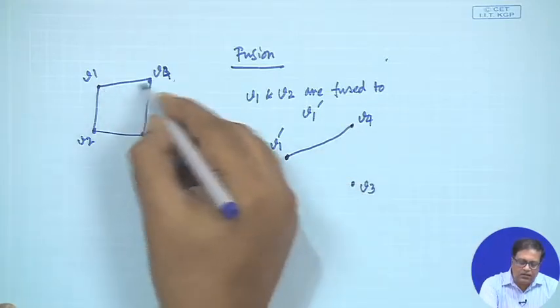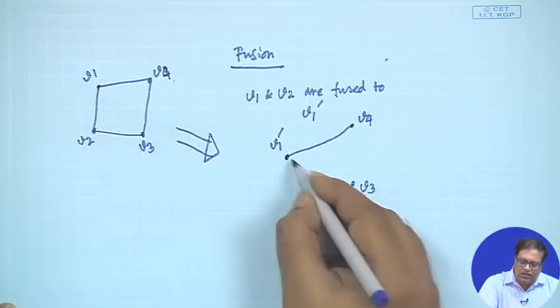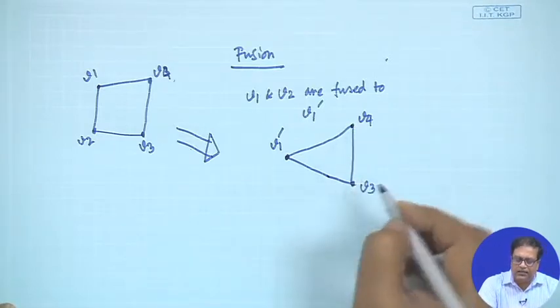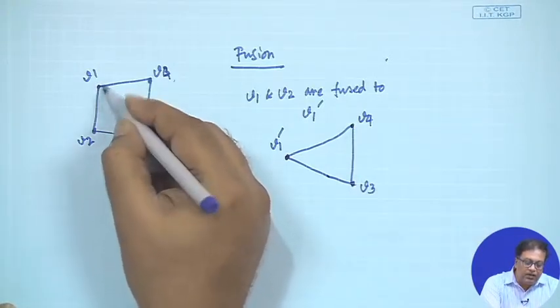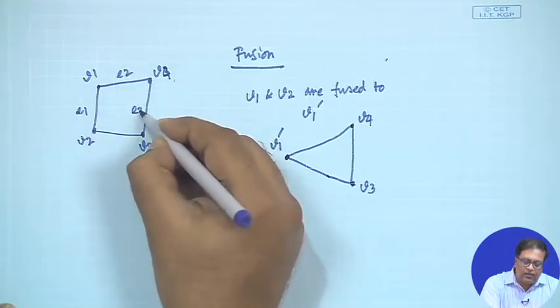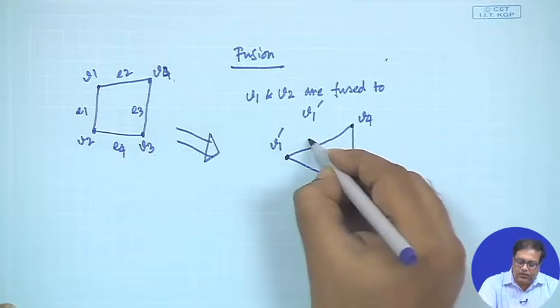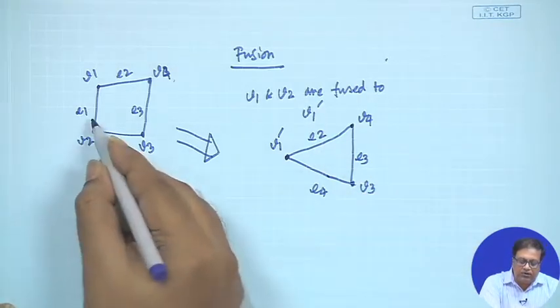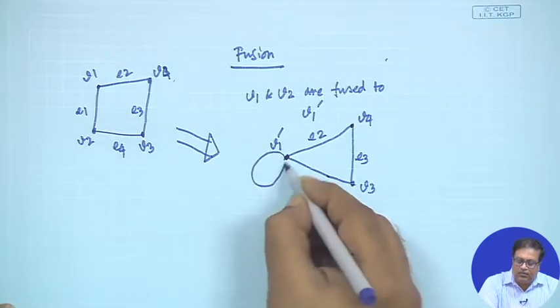Now, you see this edge will be this and this edge will be this, and this one remains as it is. But what will happen to this particular edge? Suppose we call them E1, E2, E3 and E4. So, this is E2 now, this is E4 and this is E3. What will happen to E1? E1 will now become a self loop.